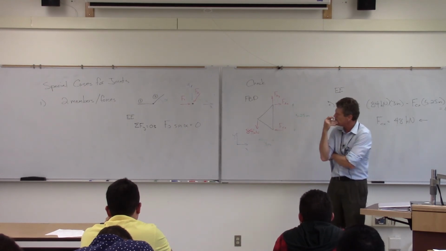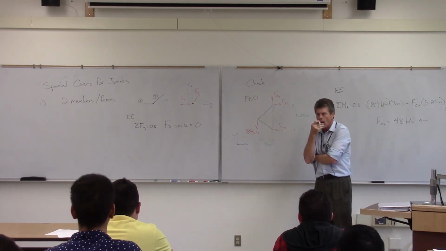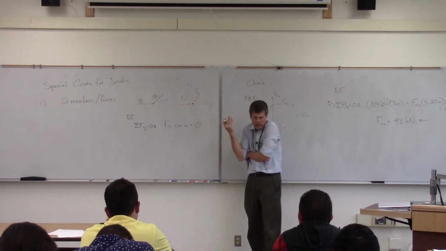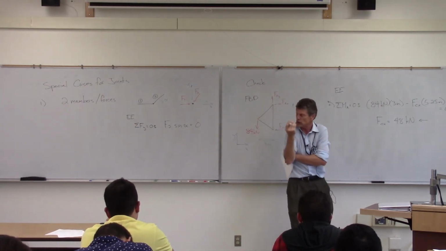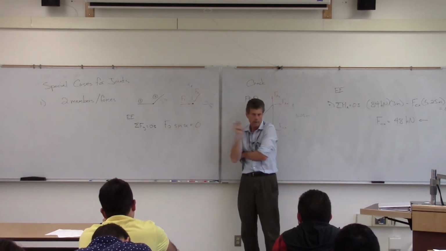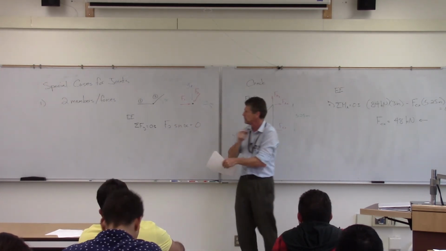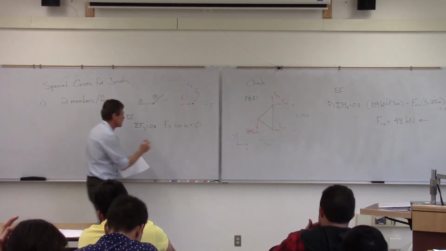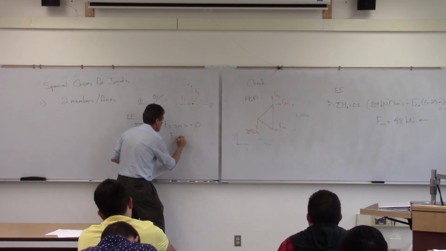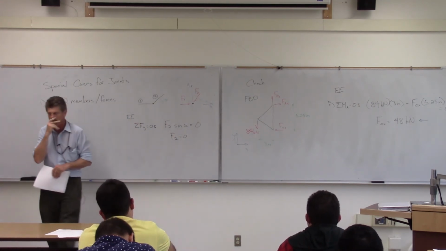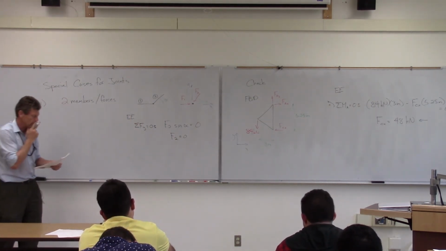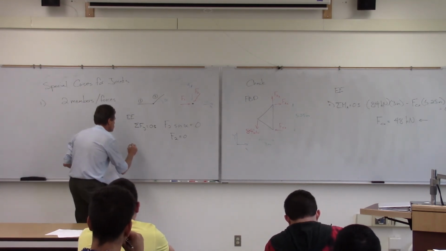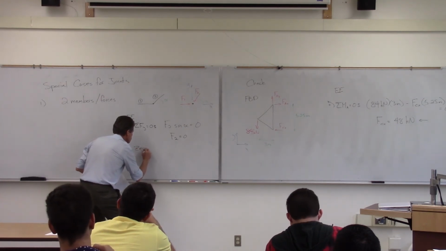So what does that tell me? If it's in equilibrium, it's got to be equal to 0. So there's two choices I have here: my angle or my force. If it's constructed at an angle, I can go measure it and that sort of thing. That implies then that force is 0.